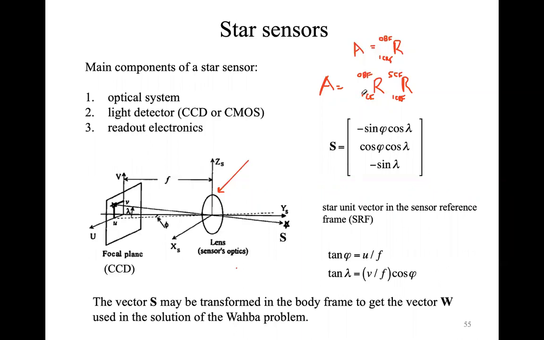I don't want to complicate too much here, but in principle this matrix is known, although, as I said, it could be affected by thermal deformation, so it always requires a calibration. But when you solve for the attitude using the star sensor, you are determining this matrix.